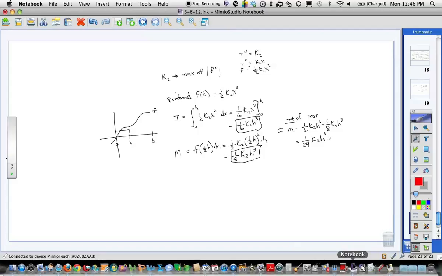Now let's put our b minus a over n in for h. 1/24 K2, and then we'd have b minus a over n cubed.